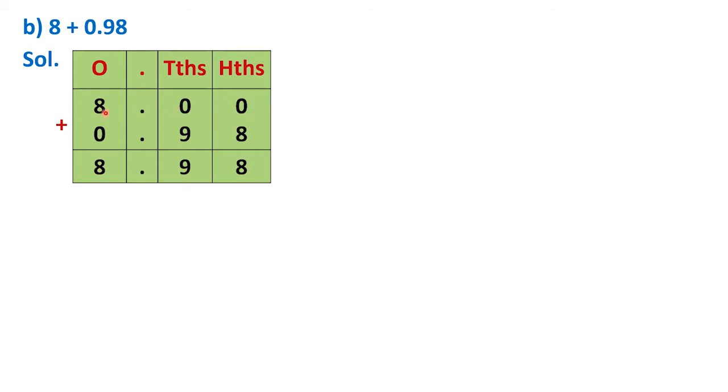So it is 8.00 and here it is 0.98. So 0 plus 8 is 8, 0 plus 9 is 9, then decimal below the decimal, and 8 plus 0 is 8. So the answer is 8.98.